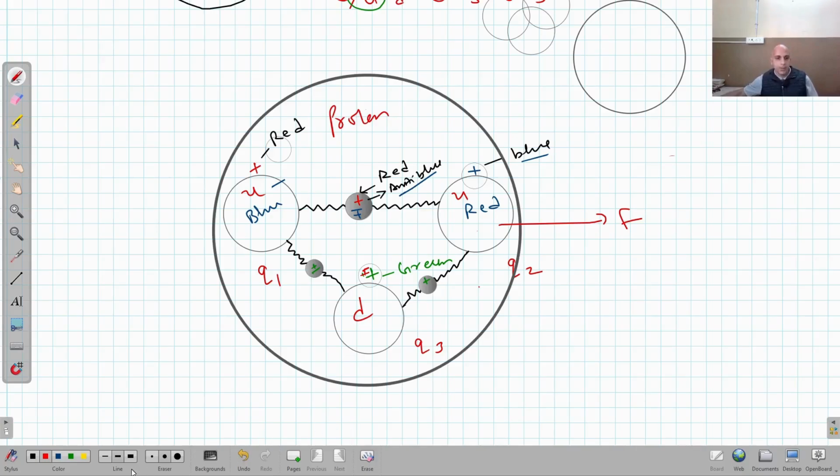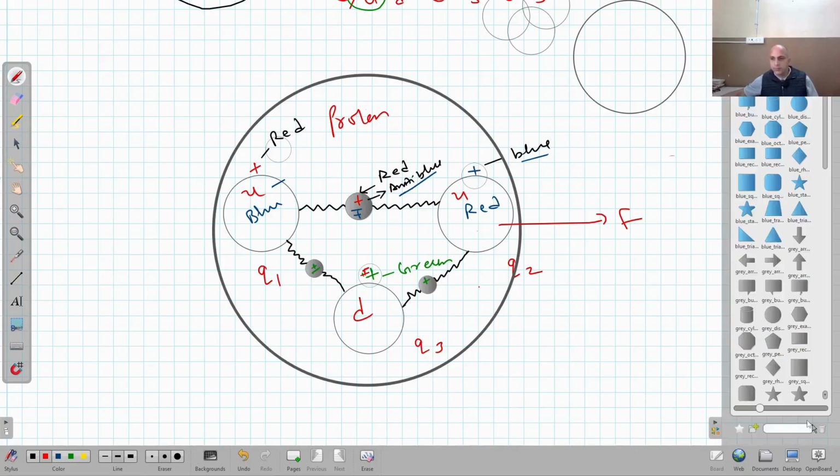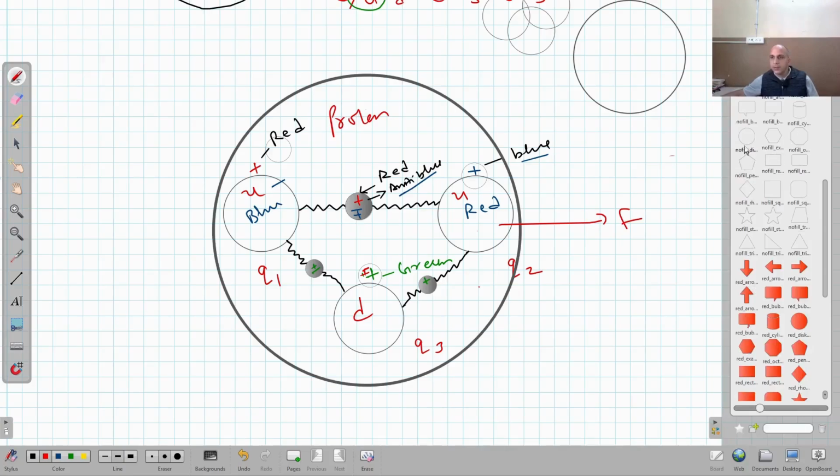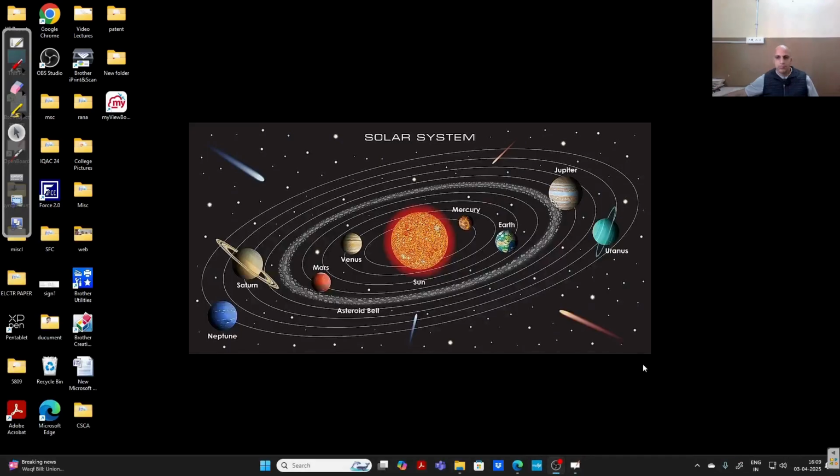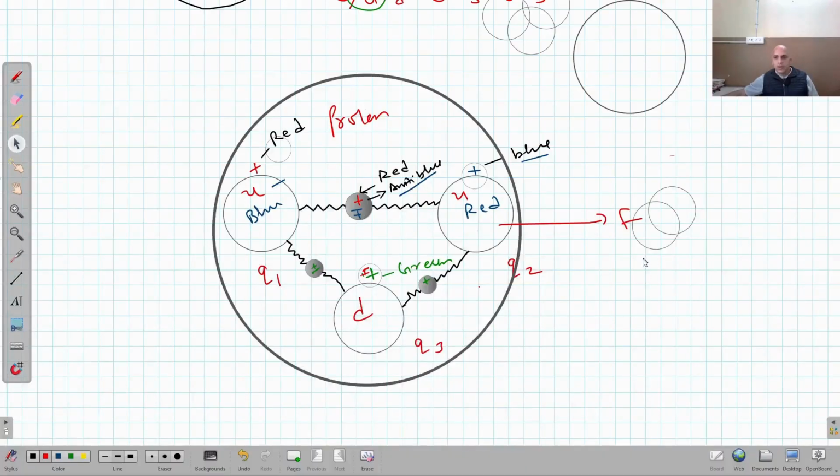You can see here, you will get a pair of quark and anti-quark. So this will be quark and this will be anti-quark, right?